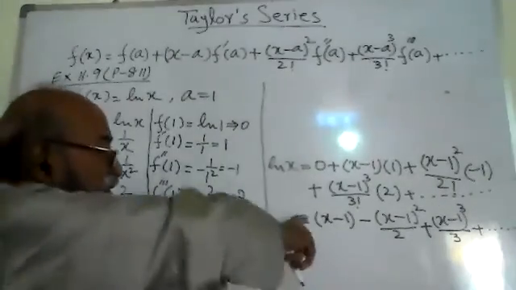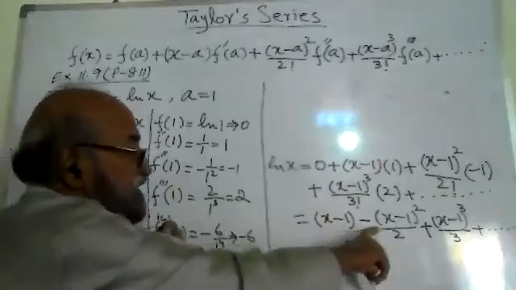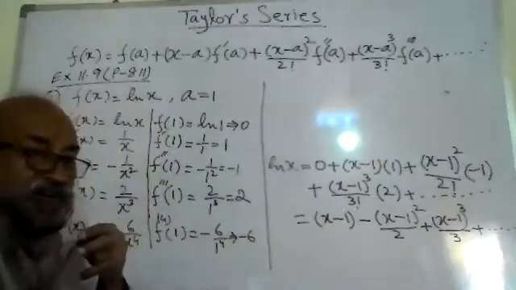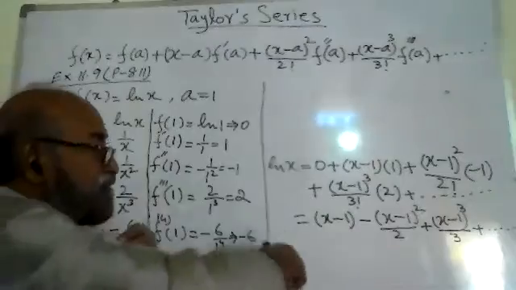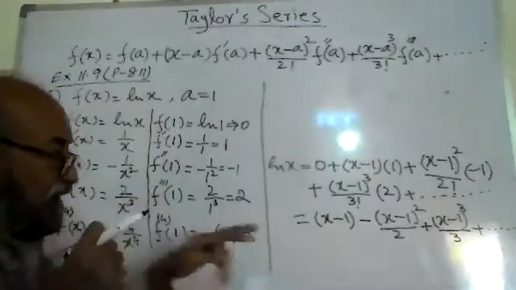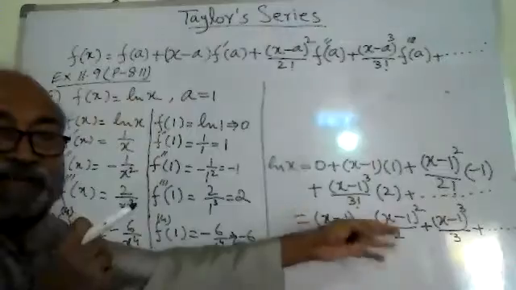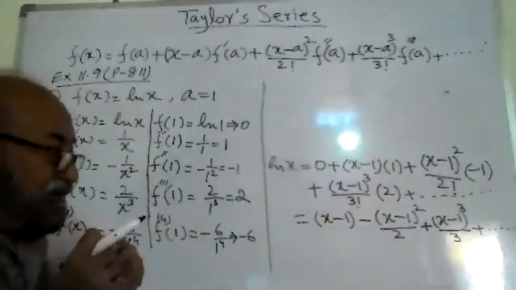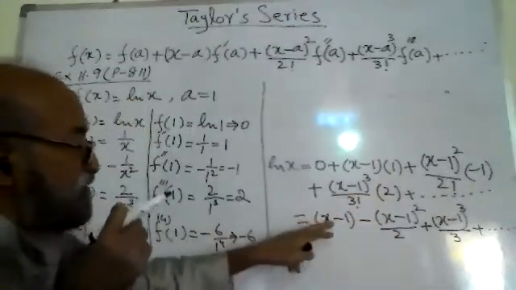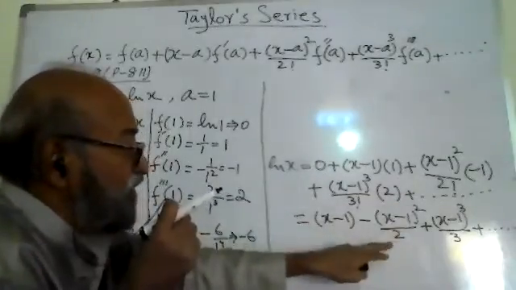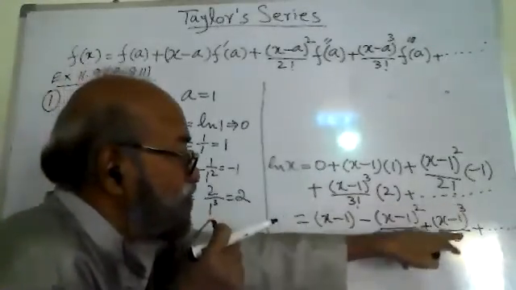The first one is positive, the second one is negative, the third one will be positive, the fourth one will be negative, and so on. So we can predict the fourth term, fifth term, and so on. The first one is x minus 1 upon 1, then minus x minus 1 whole square upon 2, then plus x minus 1 whole cube upon 3.